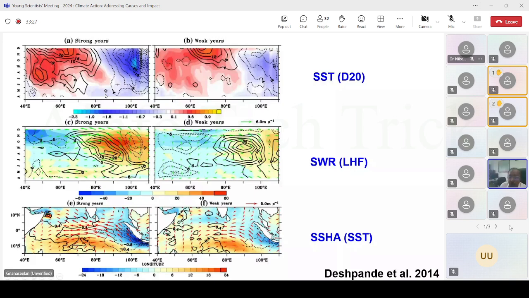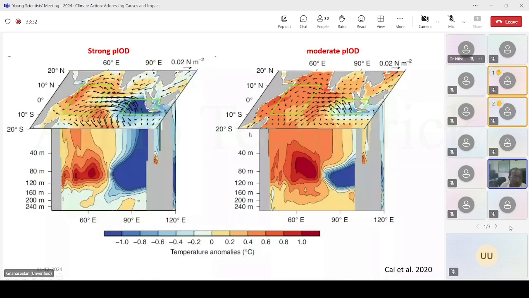important. And you can also see how the strong and moderate events impact both the surface features and the ocean subsurface, during the weaker period.